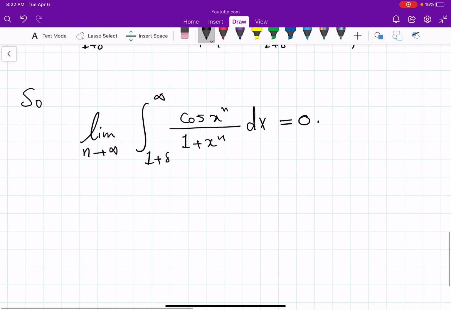So the two computations that I did, first on the interval 0 to 1 minus delta, and this one that you see right now, are sufficient, in fact, to give us the final answer.